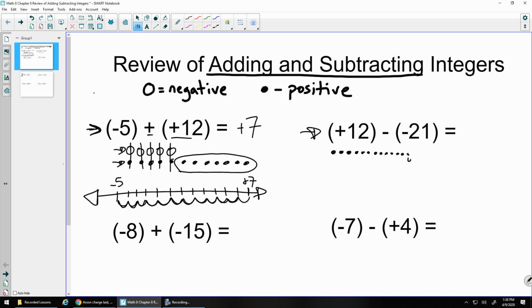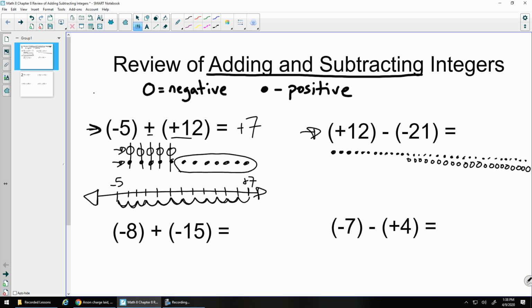So 1, 2, 3, 4, 5, 6, 7, 8, 9, oh boy, 10, 11, 12, 13, 14, 15, 16, 17, 18, 19, 20, 21.